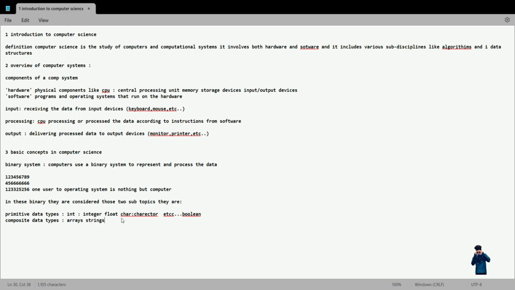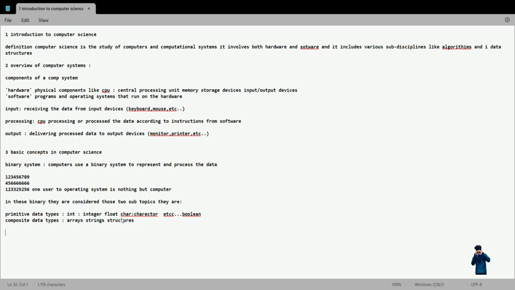So in composite data types: arrays, strings, and structures. So this is the way to understand composite data types in this computer science field.